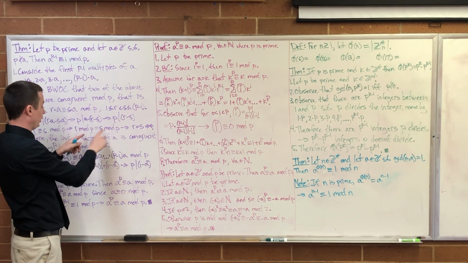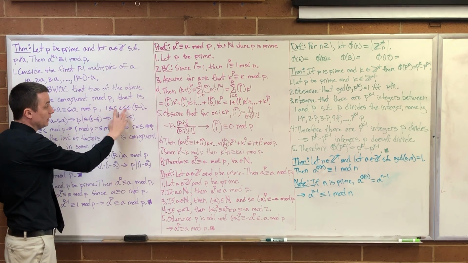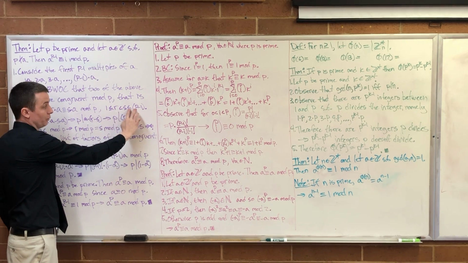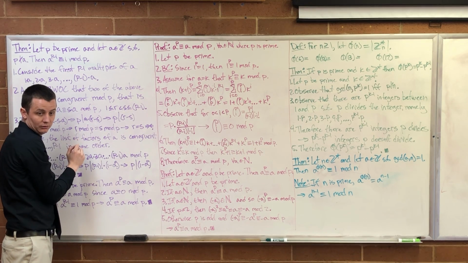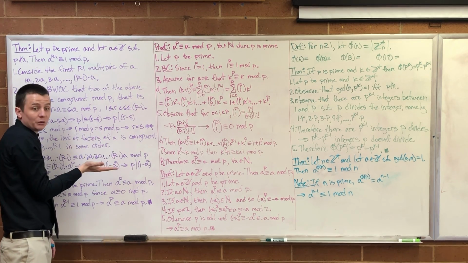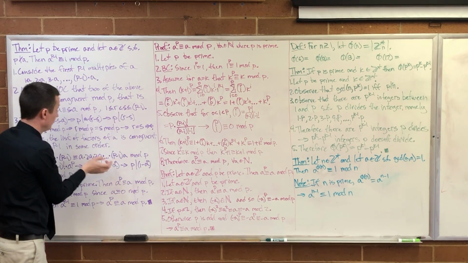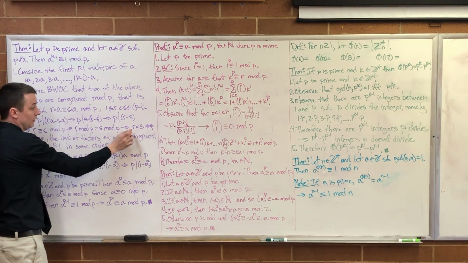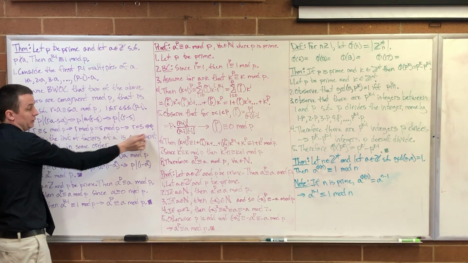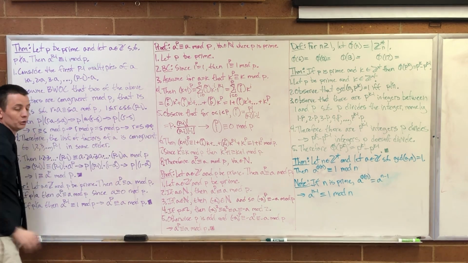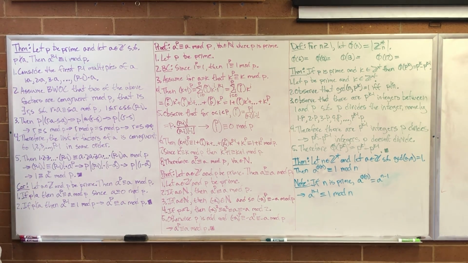R and S are numbers between 1 and P minus 1, which is also less than P. So their remainder when you divide by P is just whatever those numbers are. So R mod P is R and S mod P is S. So R is equal to S. Contradiction. You follow that? Yeah.